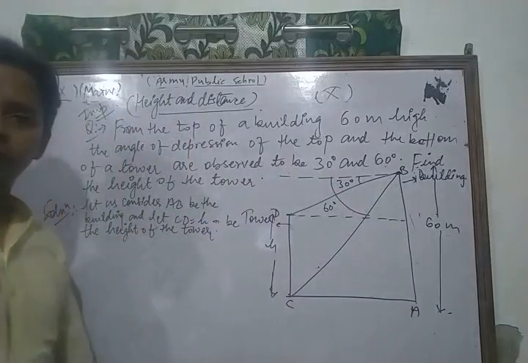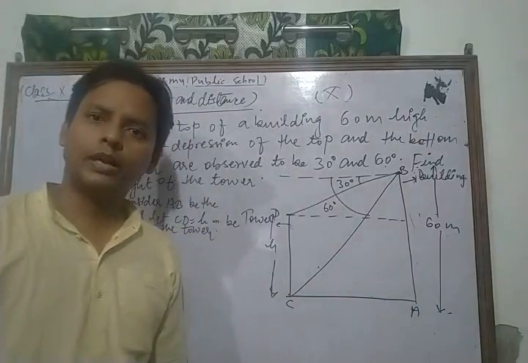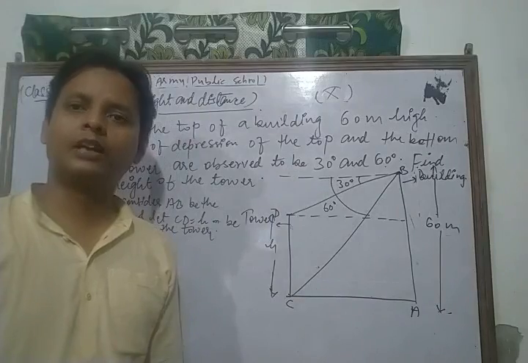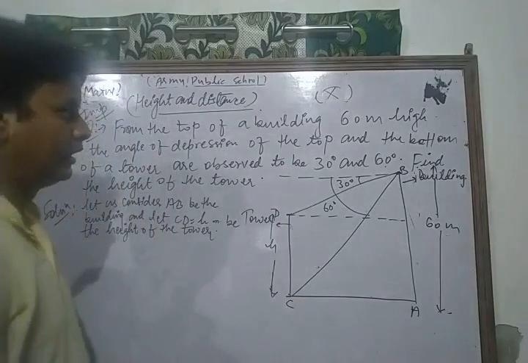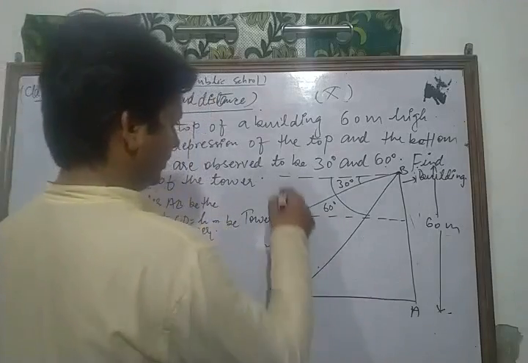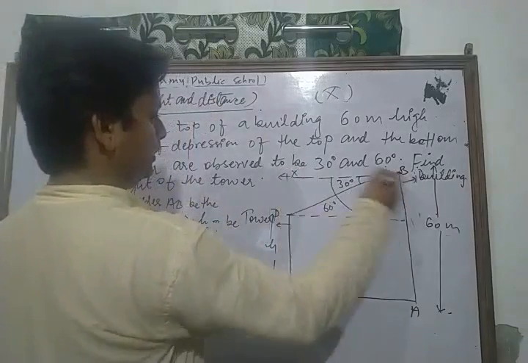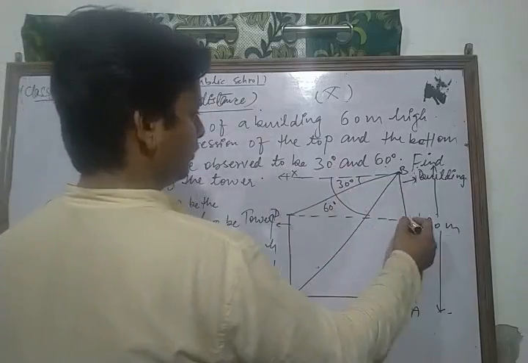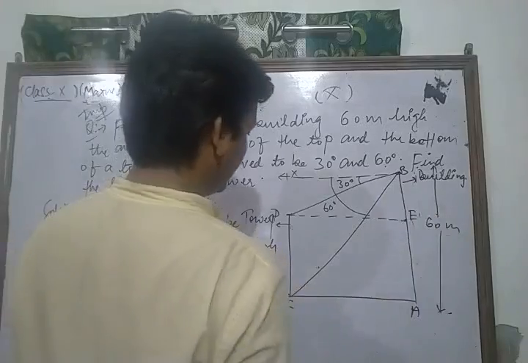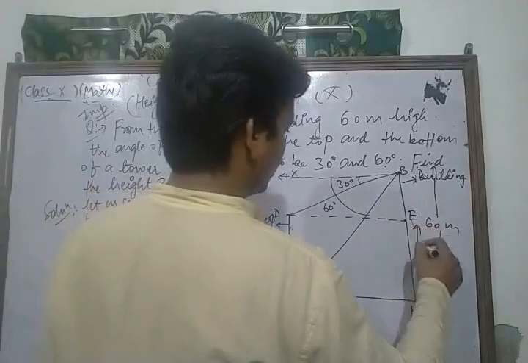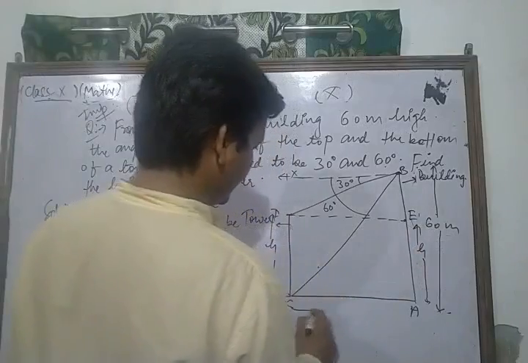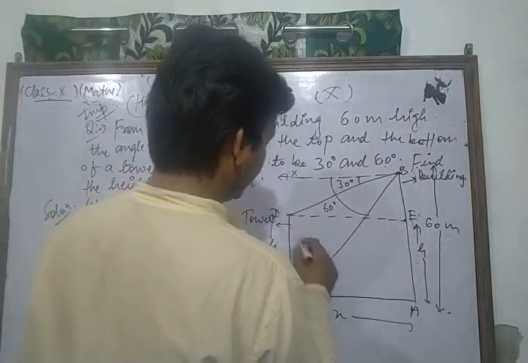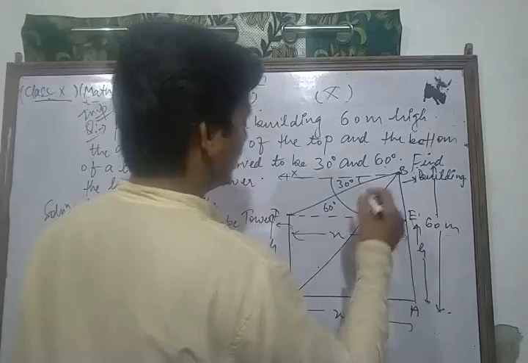Okay. Now you know the concept that alternate interior angles are equal. So we draw a line BX parallel to AC and DE, and take E. So this is h, and AC is equal to x, so this is also equal to x.